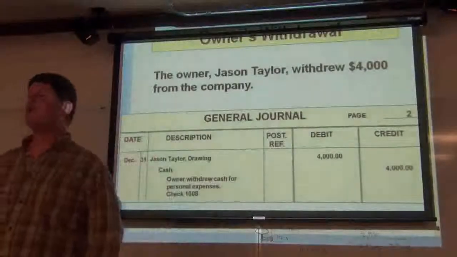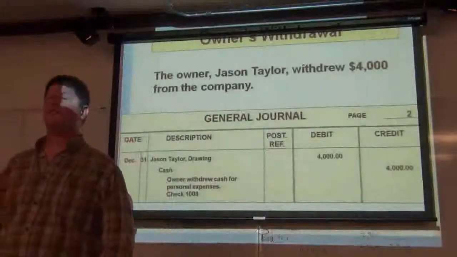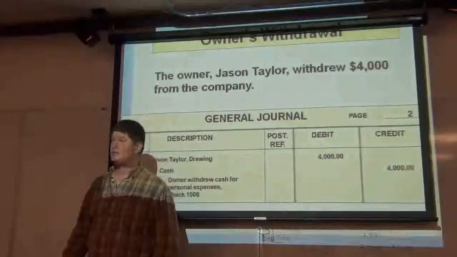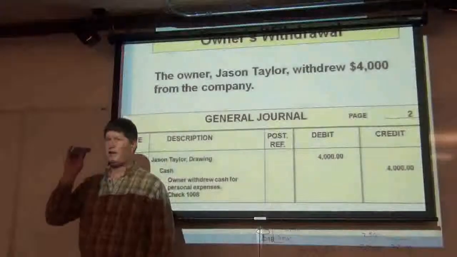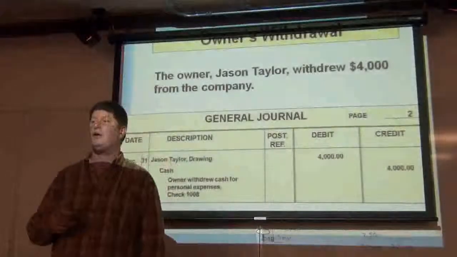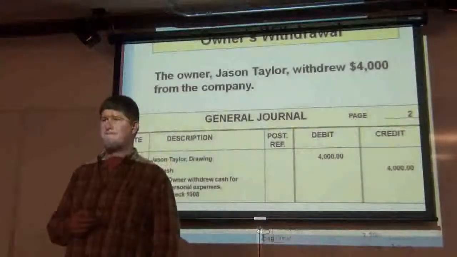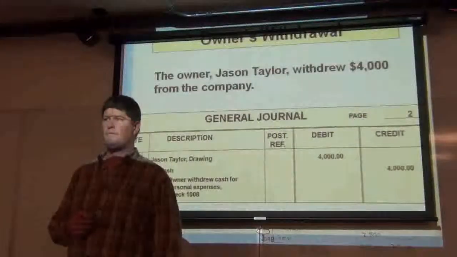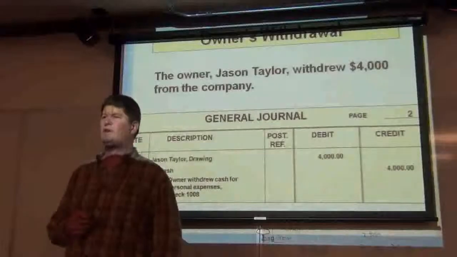So for now, if you just debit fees income, that's okay. But when we start actually selling merchandise, when we have inventory in the second half of the class, there's a separate account, and we will use the separate account. So you debit fees income and credit cash, if you're writing him a check right then and there.